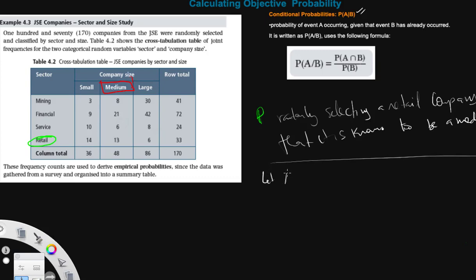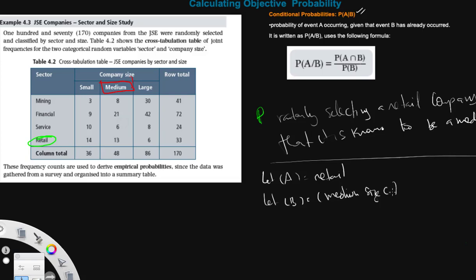So here's how we can solve this one. Let A be retail and let B be medium size company.